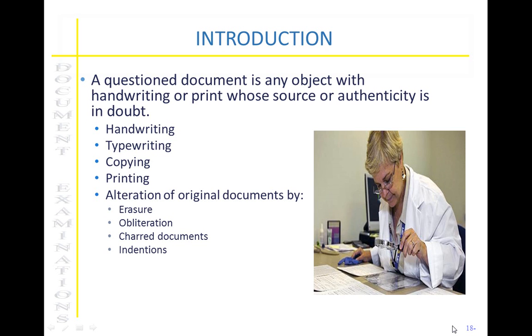It can vary anywhere from documents that contain handwriting or documents that have been printed either through a typewriter's actions, the copying action, a printer's action, or it can also be documents that might have alterations to it, either through erasures, obliterations, or it might be charred documents or documents that have indentions.